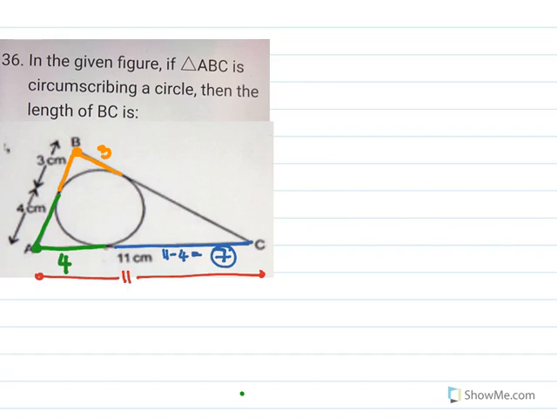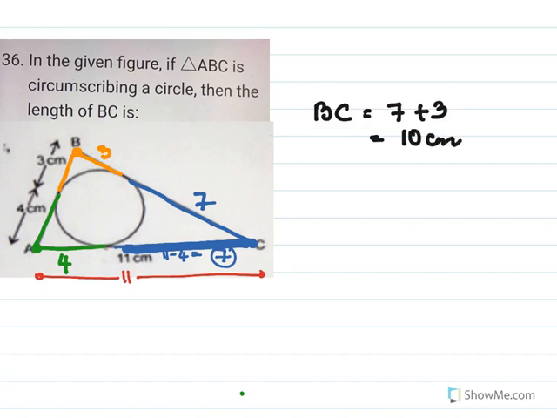Tangents from an external point are equal, so this is the external point, and these two tangents are equal. So this also becomes 7. Now if you look at BC, BC is 7 plus 3, which is equal to 10 centimeters. So the answer is 10 centimeters.